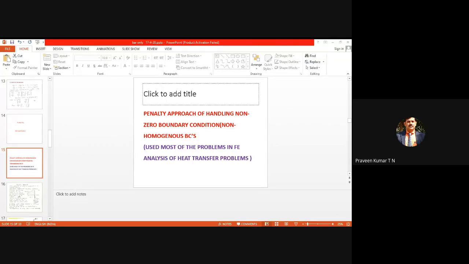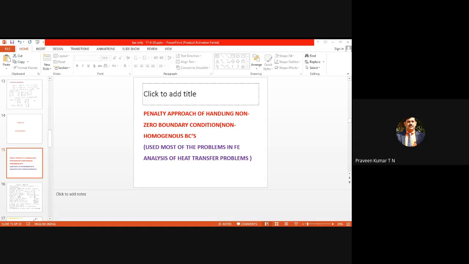The specified temperature boundary condition is nothing but the temperature being known at that particular point or that particular surface. The best example is in our college foundry and forging lab, where the furnace has thermocouples mounted on its inside wall. The inside wall temperature is known. That is nothing but T0. That is one boundary condition.